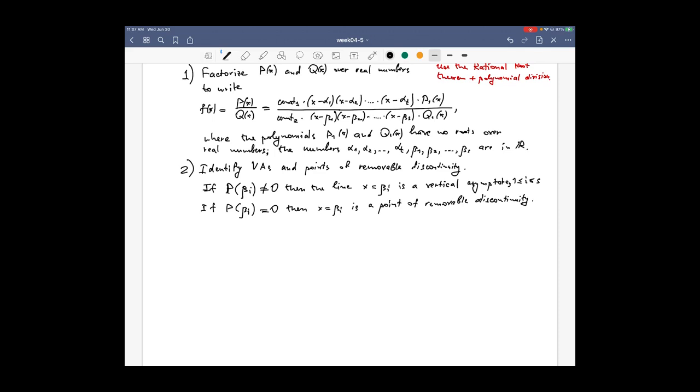In particular, remember that warning again. Not every root of the denominator q is a vertical asymptote.